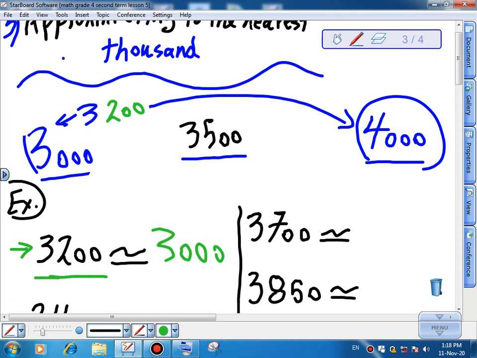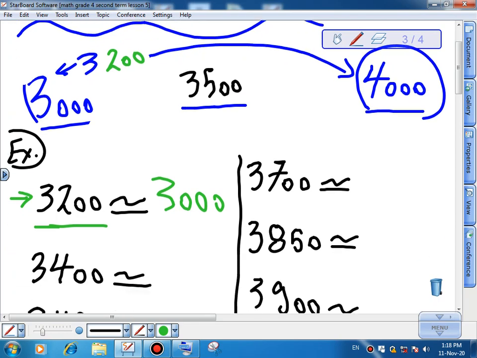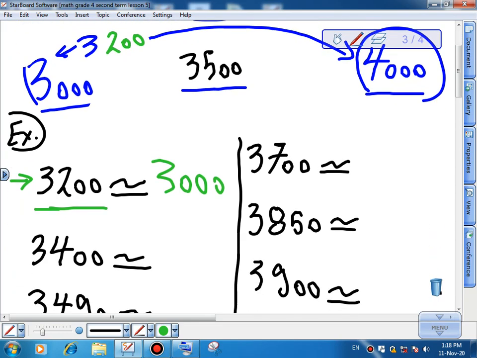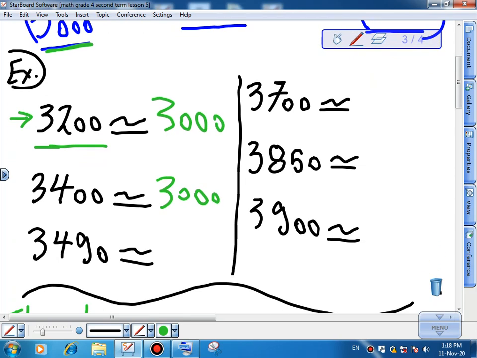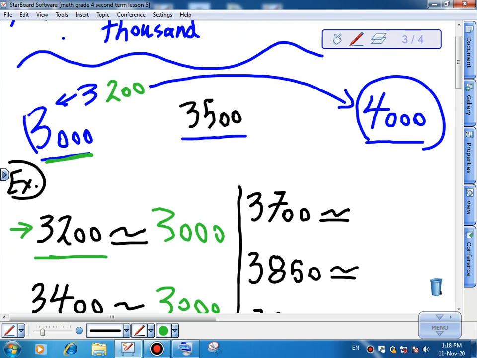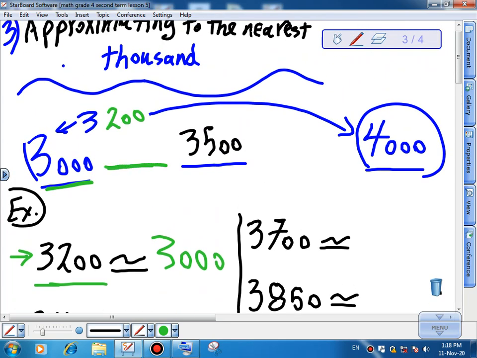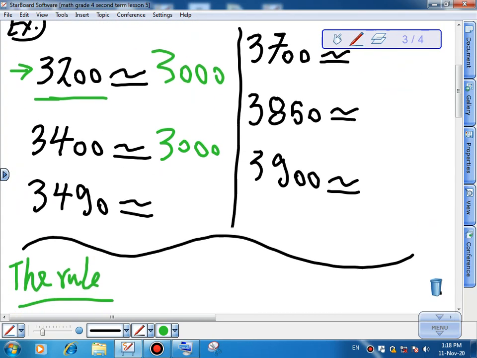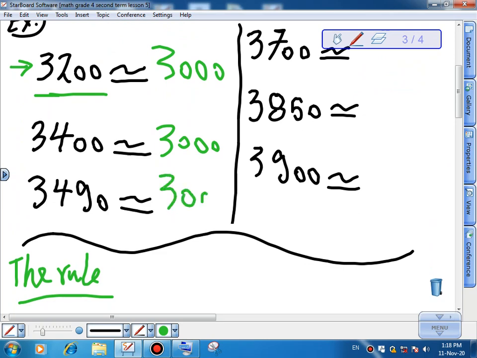Another one, 3490: lying in this space, it is nearer to 3000. So the approximation will also be 3000.